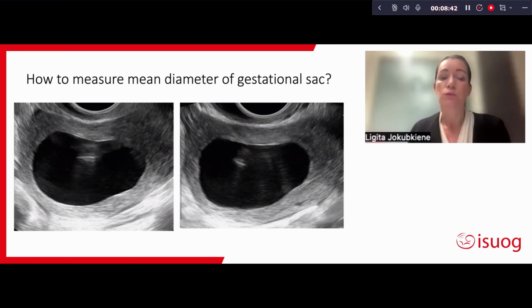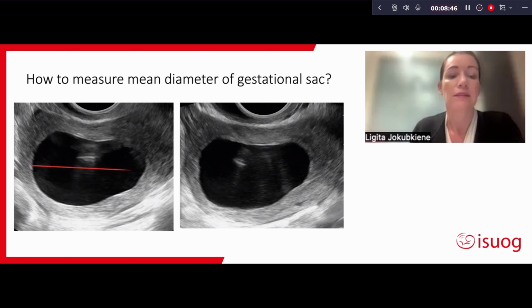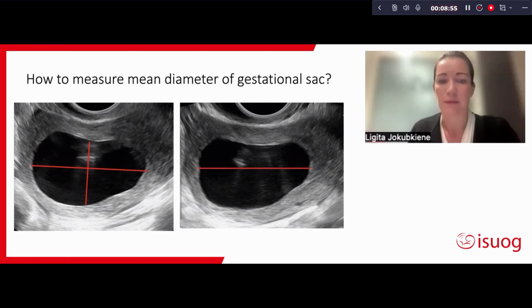So we should take 3 measurements that are perpendicular to each other, and we measure twice in one direction. Thereafter, turn the transducer 90 degrees and measure the third diameter. And then, of course, we add them and divide by 3, and we have a mean diameter, or MSD, for the gestational sac.